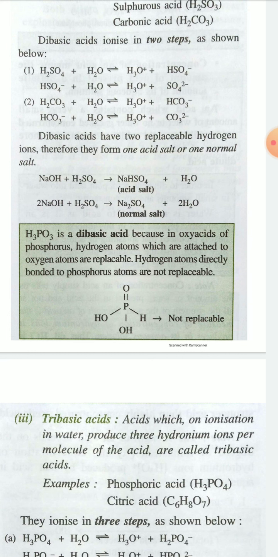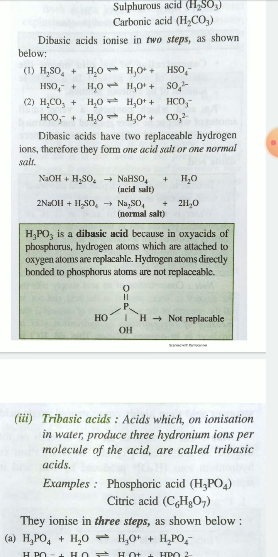Only the hydrogen atoms attached with oxygen are ionizable, and the hydrogen directly attached with phosphorus is not ionizable or replaceable. So in H3PO3, two H3O+ ions can be obtained in aqueous solution. That's why the basicity of phosphorus acid is 2. That is, it is a dibasic acid.